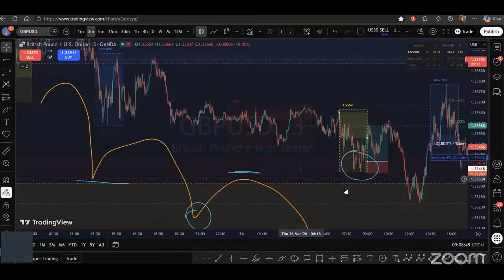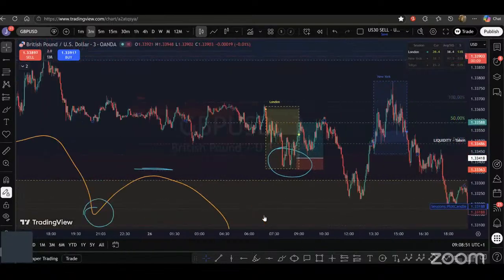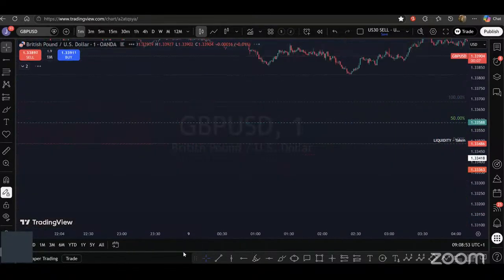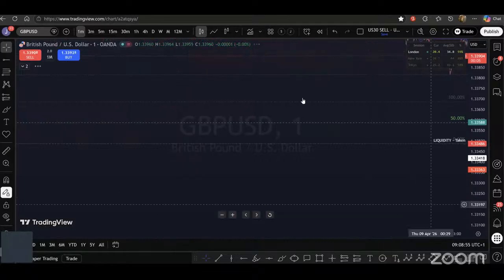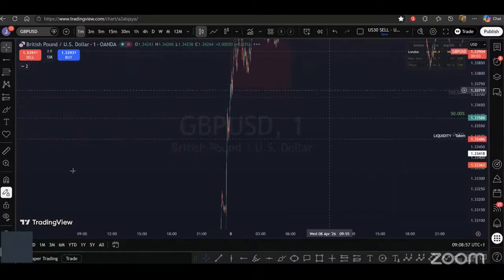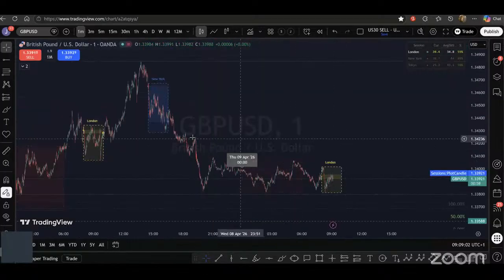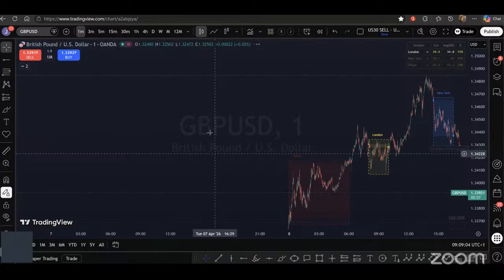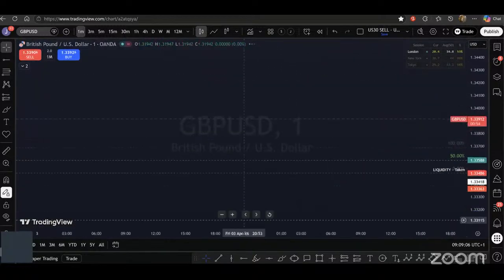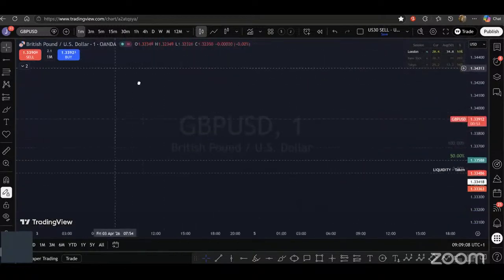So on a smaller time frame, we may have been looking for our entry because we're day traders on the 1 minute. I didn't see what the date was, so I'm guessing it's probably back around here. Let's have a look. Let me go back to where those little lines are. It was the 24th.